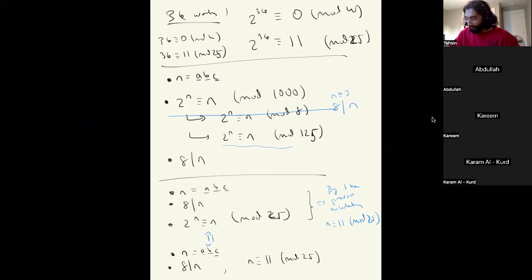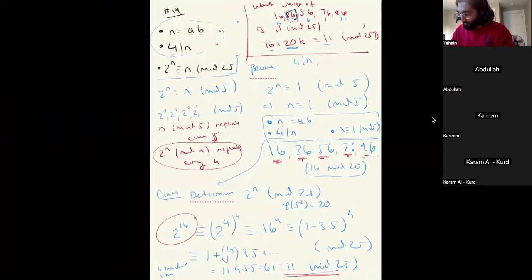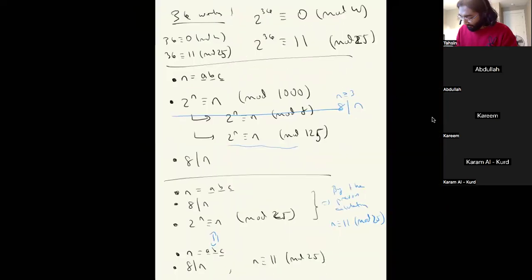Now maybe we can figure out what this number is. Before, we said that if n is 11 mod 25 and 4 divides n, it was 36. So 36 won't work.